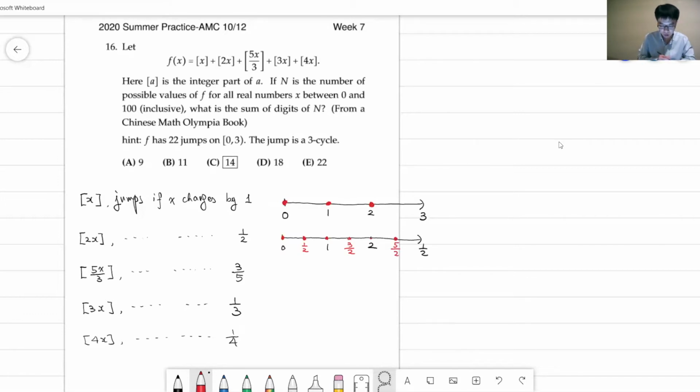Okay. So in the first part, we have three points here. And in the next part, let's just count this new point. Okay, we add 3 more points. That's 1/2, 3/2, and 5/2.